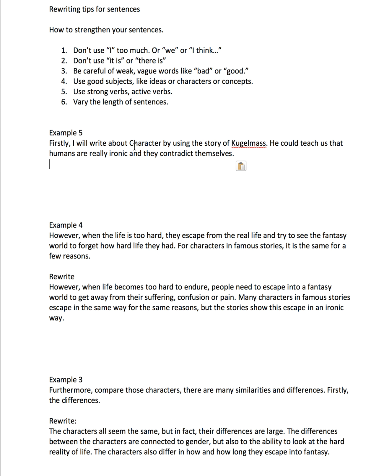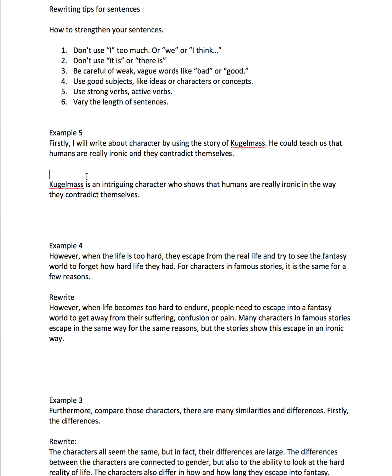Firstly, I will write about character. Let's make that small by using the story of Kugelmass. He could teach us that humans are really ironic and they contradict themselves. Great. Okay? Now, let's change it just a little bit and take that "I" out of there because it's fine, but we can really think about making that a little bit better.